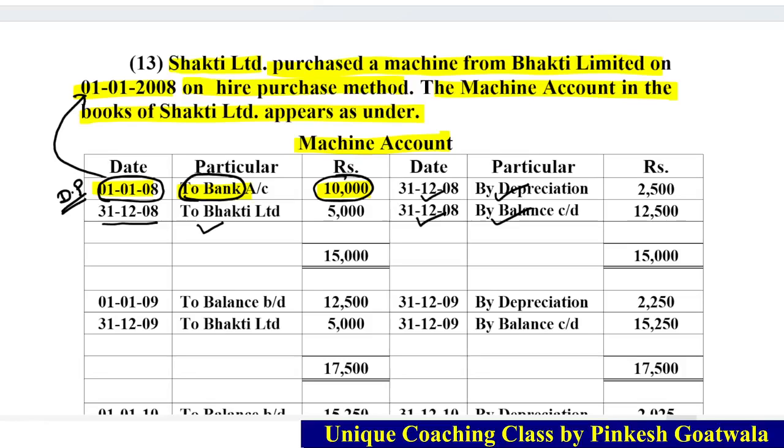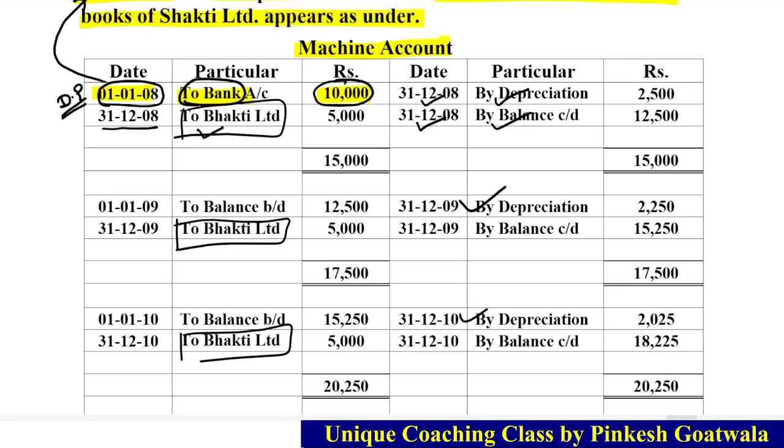But here every year look at Bhakti Limited. Every year the name of Bhakti, this seller, is given in this. Here depreciation comes, but along with that Bhakti account has also come. So that's the twist point here.